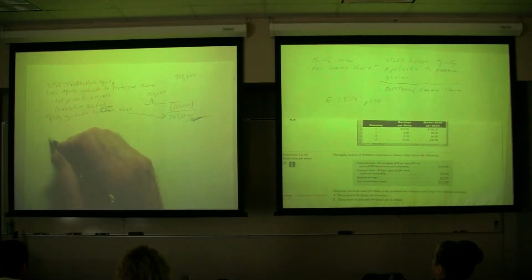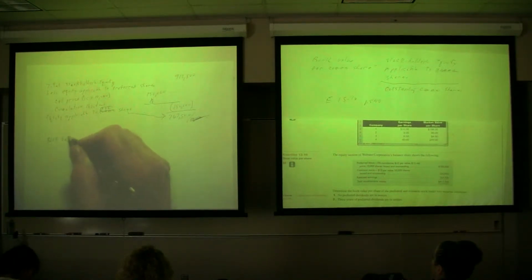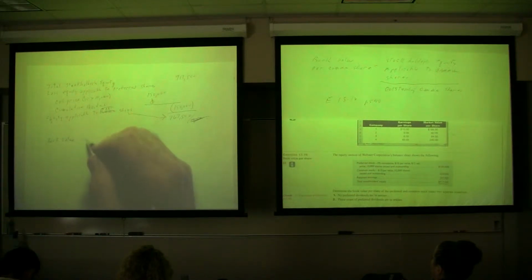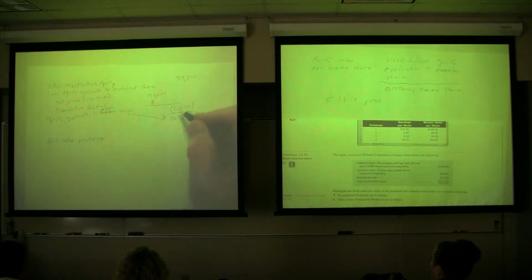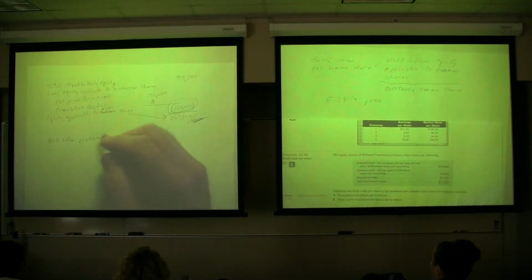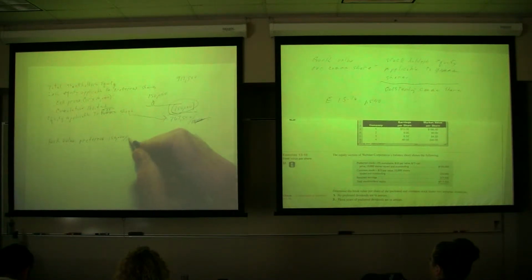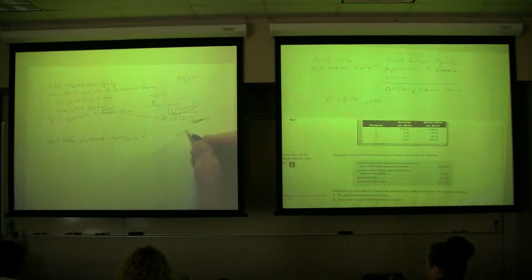So now we have the book value, preferred, and that will be this number divided by the 10,000 shares. That comes to $15 per share.